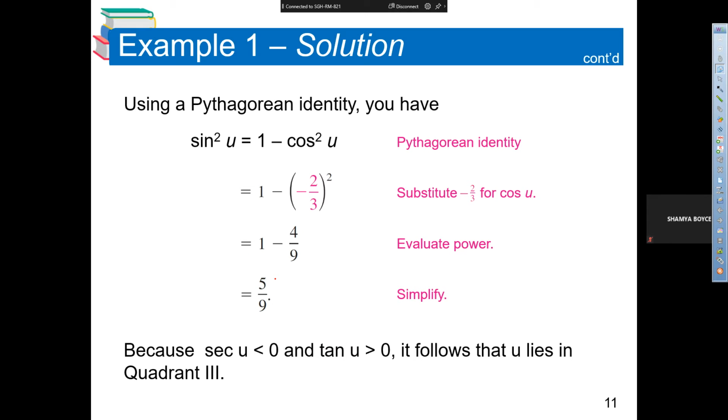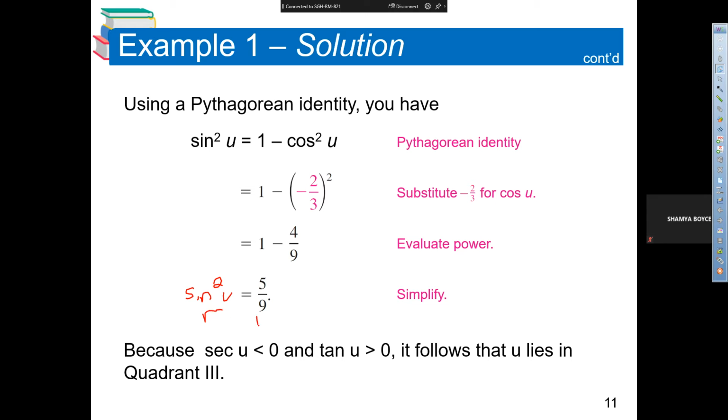All right. Now, here's where we've got to be careful of the sign. Because secant of u is less than 0 and tangent of u is greater than 0, we already found out that it lies in quadrant 3. And we know all students take calculus, and in quadrant 3, sine is negative. Now, this isn't simplified yet because we have sine squared of u.